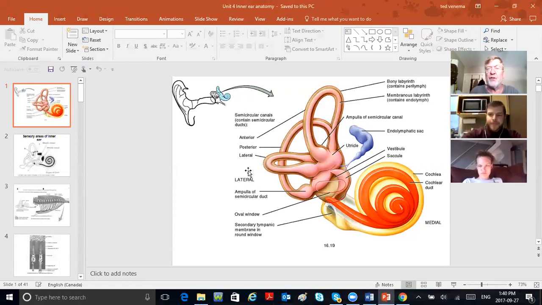So if you think of the white as solid bone, think of this yellow as a tunnel shaped like a snail, carved into the stone, or carved into the bone. Same with the balance organs. This loop, and that third loop: you've got three loops. These are called semicircular canals, and they too are dug into the bone.